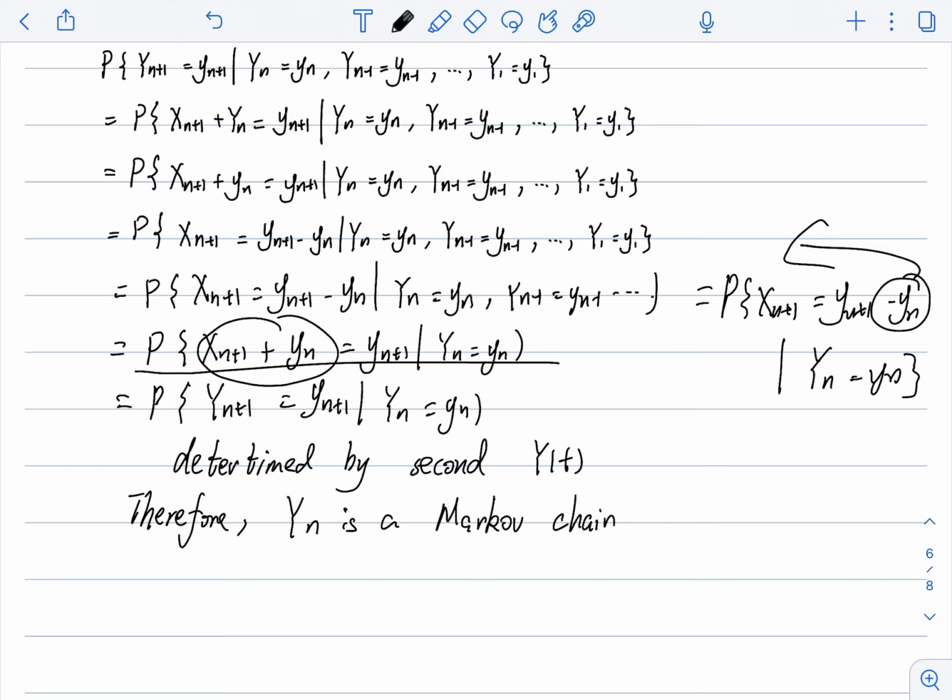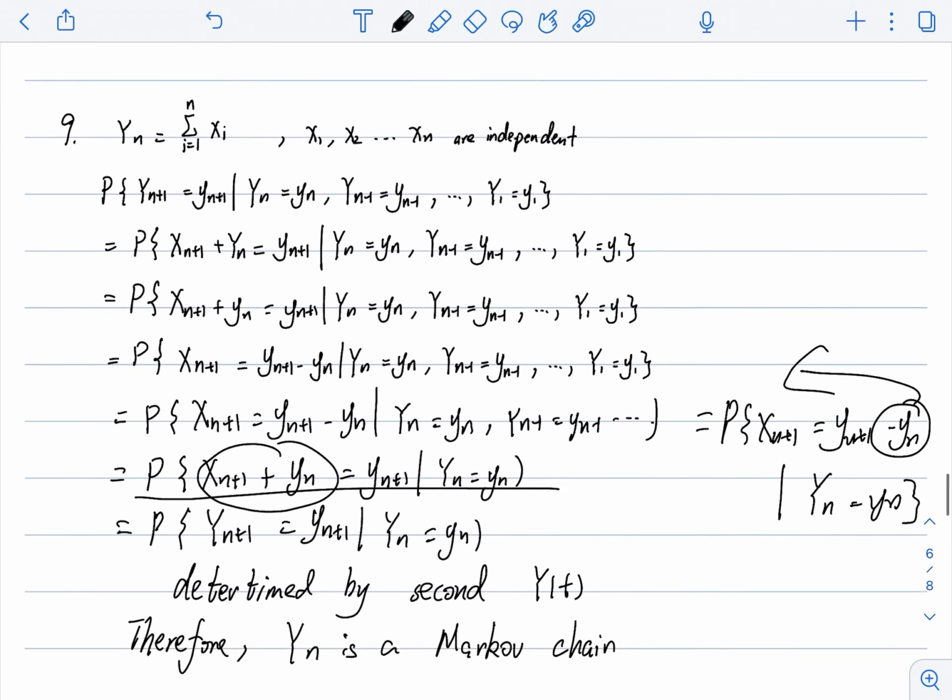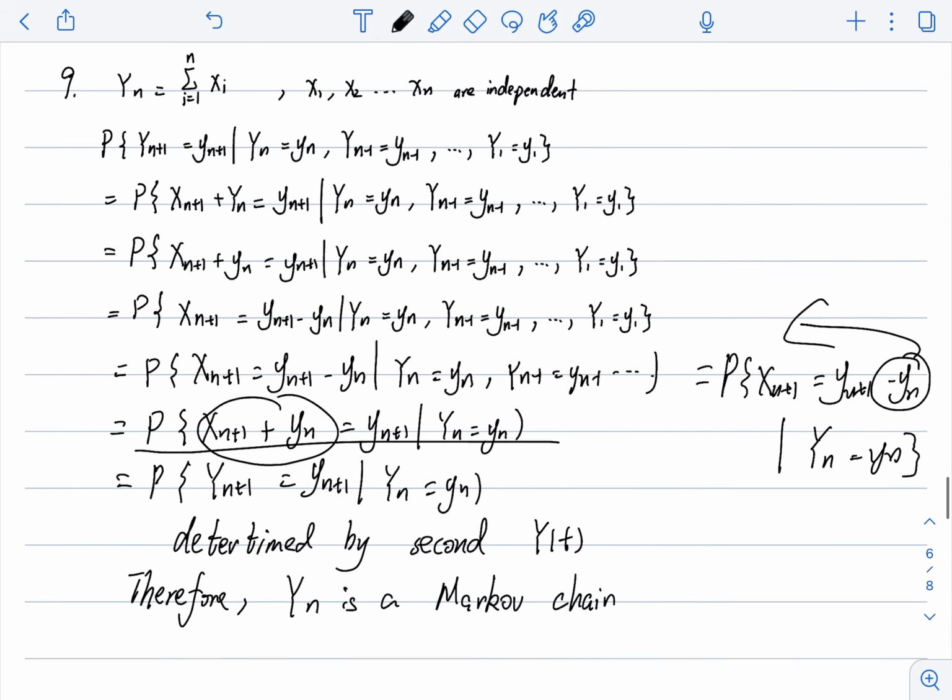We see that the past has no influence on the statistics of the future, and the Yn is determined by the second order. Hence, we can see that Yn is a Markov chain. Therefore, now the question has been completed, has been proved.